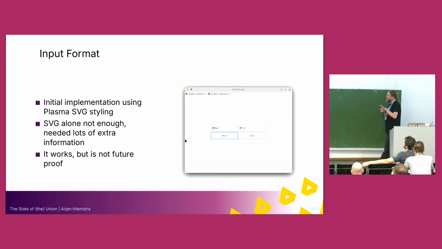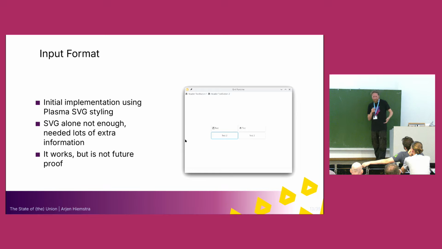And as I was saying, we have an initial implementation using Plasma SVG. That required a lot of extra information because it turns out that SVGs only contain graphical data and not really information on, hey, this element should be used for this border and this element should be used there.